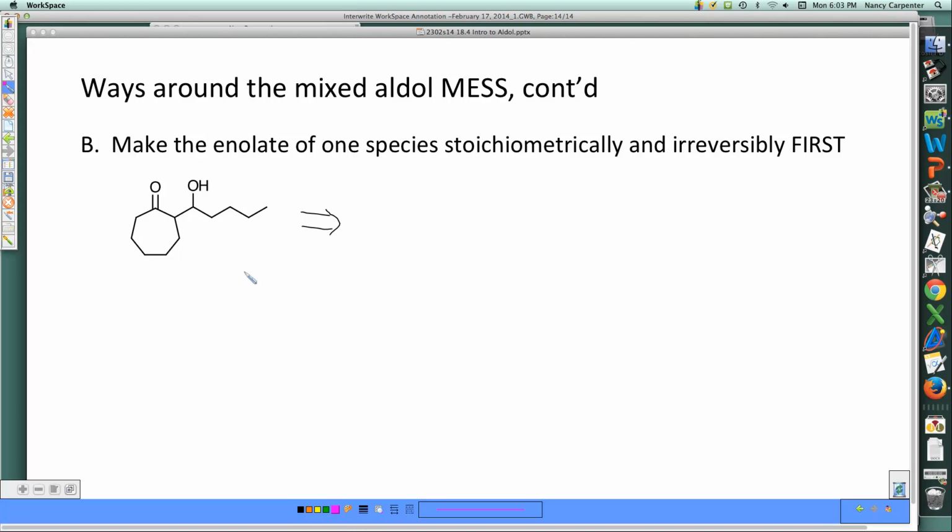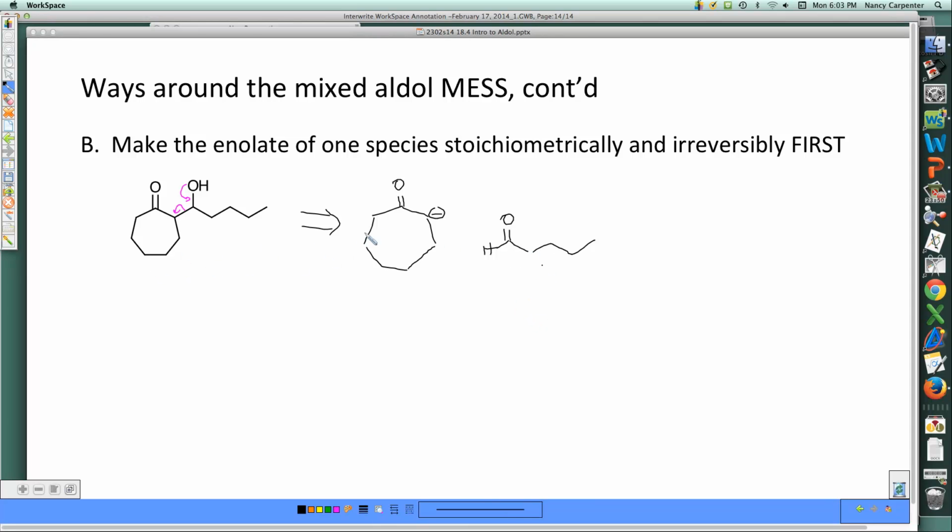Using my little retrosynthetic disconnection, I can see that I would want to add this enolate to this aldehyde. Well, major problems here, because of course I can form an enolate there as well.